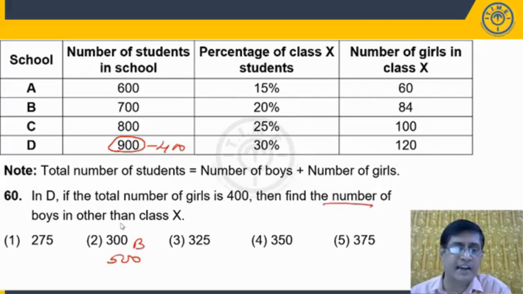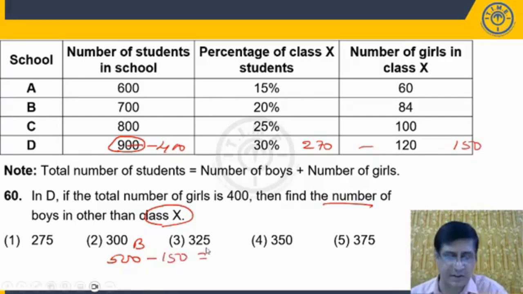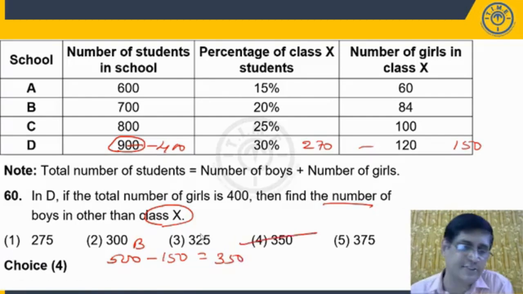Find the number of boys other than class 10th. So how many are class 10th students here? Class 10th students are 30% of 900, that is 270. 270 minus 120, that is 150. So subtract 150 from this. Now you will get the answer for this question, that is option number 4, 350 boys other than 10th class.